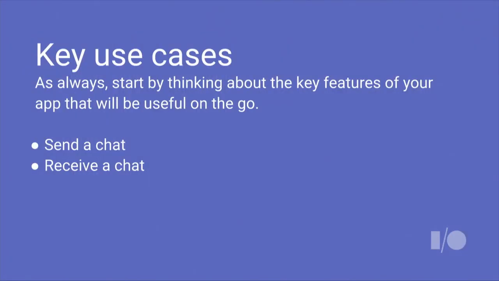Going from the top, key use cases are pretty obvious: send a chat and receive a chat. That's going to require a bunch of different activities, login, list of friends, chat settings, et cetera. But because we're really trying to streamline interactions, you want to make sure that every UI that you build is in service of those key use cases.